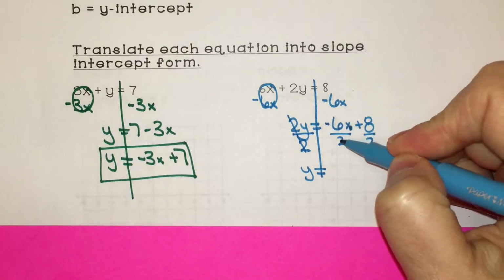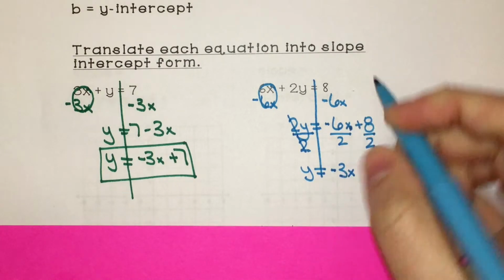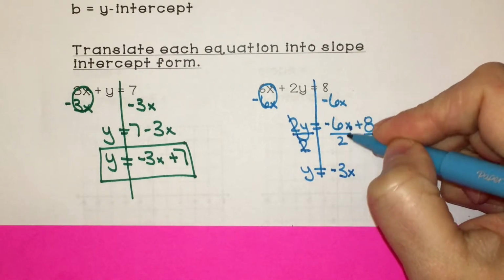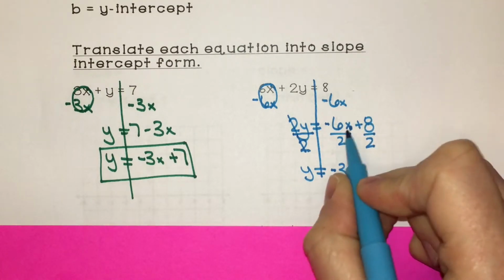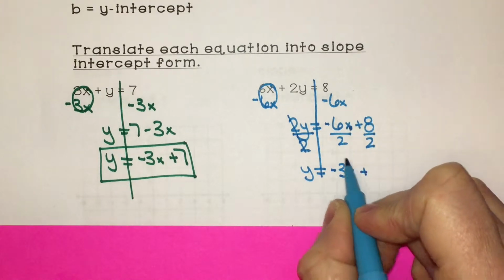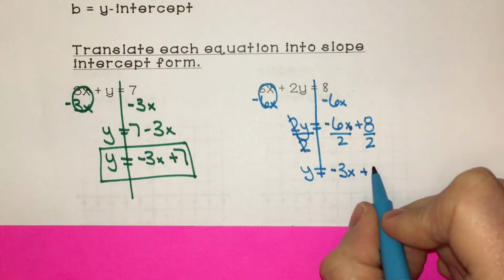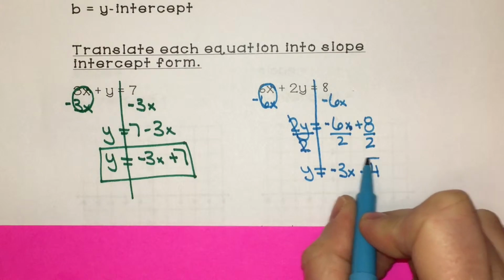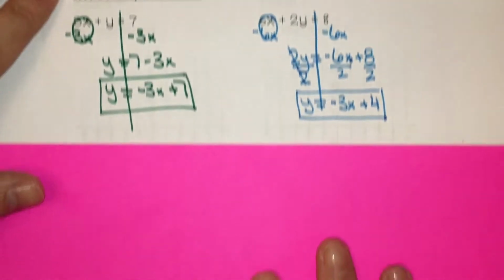So negative 6 divided by 2 is negative 3 times x. So here, just deal with the numbers. Plus, but don't forget to bring that x down because that's part of your term. It's multiplied by x. 8 divided by 2 is 4. So our answer is y equals negative 3x plus 4.